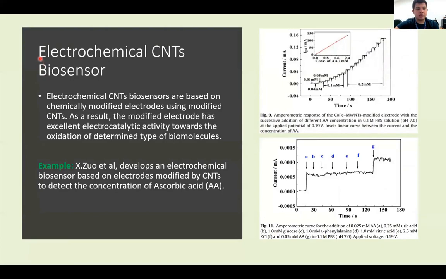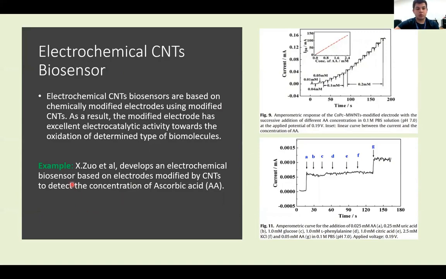The electrochemical carbon nanotube biosensors are basically a modified electrode using carbon nanotubes. As a result, we can obtain electrocatalytic activity towards the oxidation of a determinate type of biomolecule.